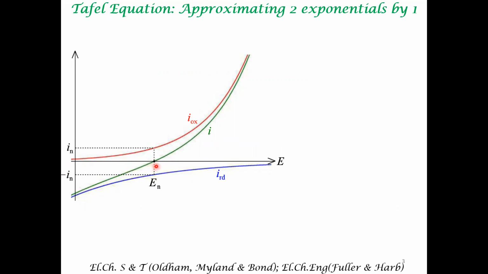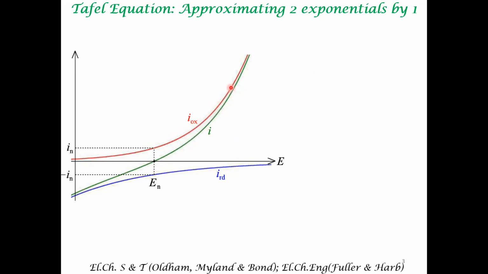So far from the null potential, either in this direction or in this direction, there are approximations to the green curve, namely that the two exponentials of the Butler-Volmer equation need not be utilized, and a single exponential is good enough for approximating the green curve.